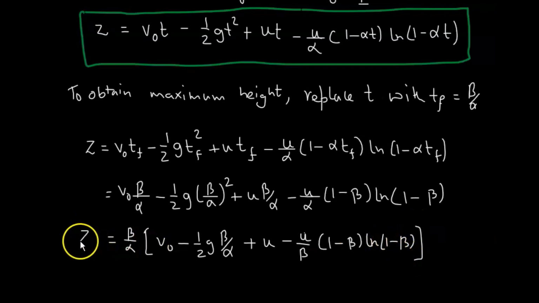So this is the maximum height attainable, or z max. Here we can see that it's mostly comprised of parameters alpha and beta, and if we know the initial velocity v naught and u, then we can essentially calculate the maximum height that is achievable by the rocket.